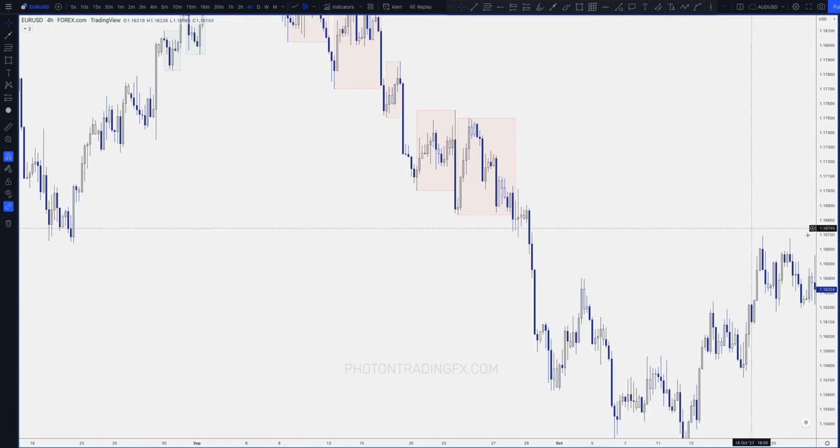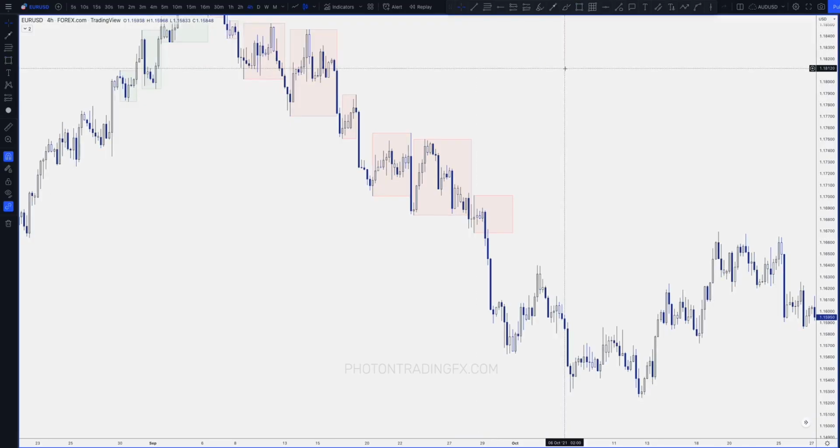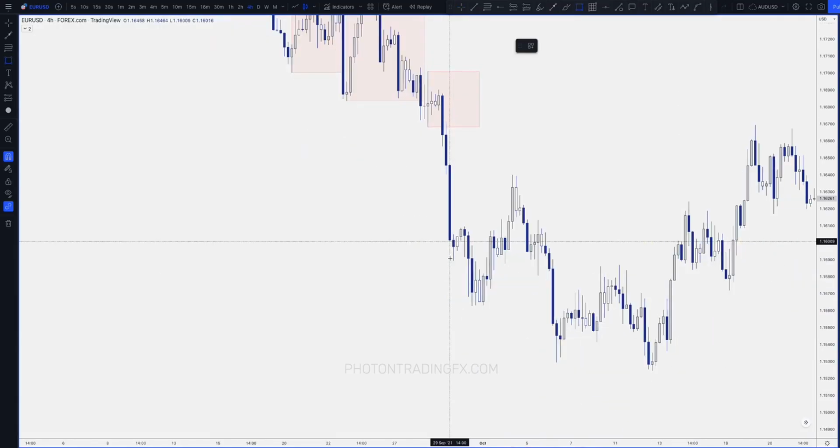All right, so to the high, and we have this range. I'm drawing a few more so you guys can see what happens. It's a change of character, so we can draw low to the high, keep it nice and tidy.